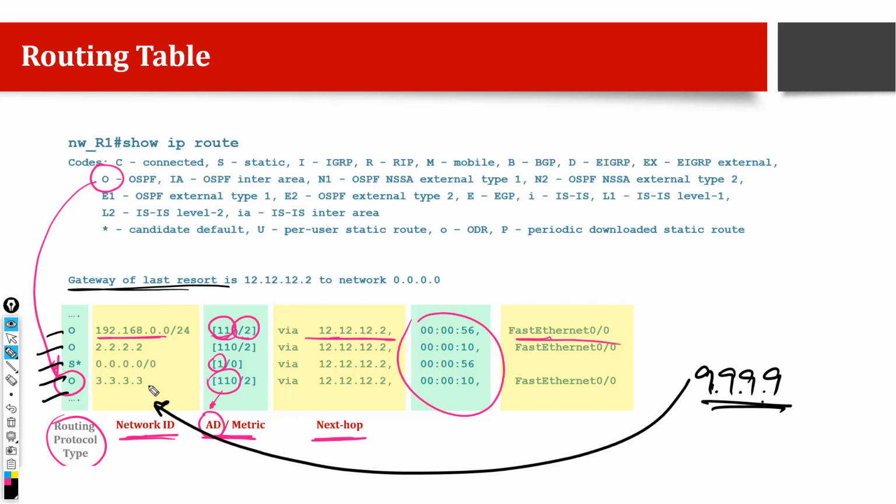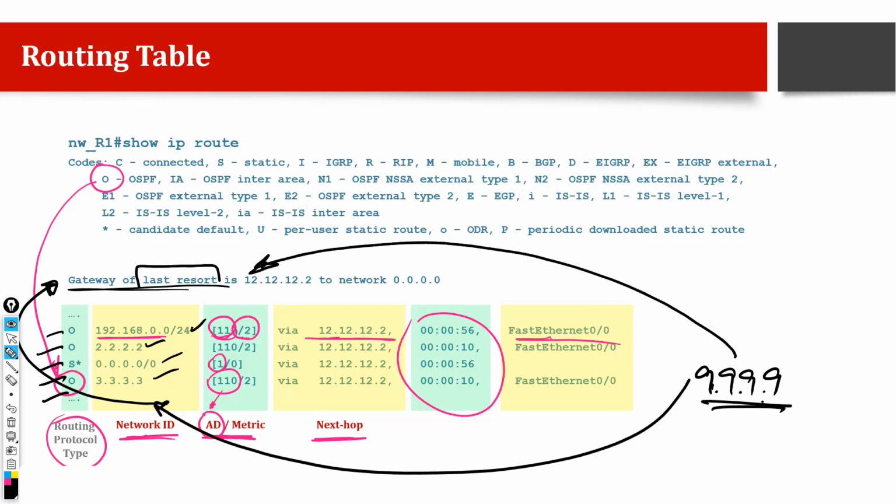So the router will start from the top and try to look for that route, 9.9.9.9. No, it is not there. So finally, it will send to the default gateway, or gateway of last resort. From the name you can see that last resort means whenever you cannot find the route, that packet will be sent to this one. Then it is up to the gateway what it does with that packet.